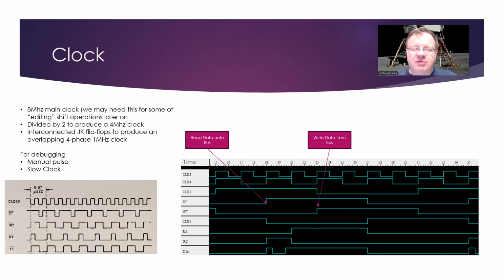We don't have to be as picky when it comes to clocking versus designing a modern processor, where the processor is running so fast that it takes a measurable, significant amount of time from a clock perspective for logic to propagate from one end of the processor to the other.